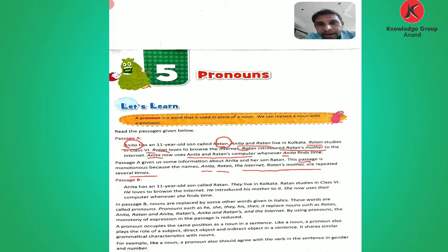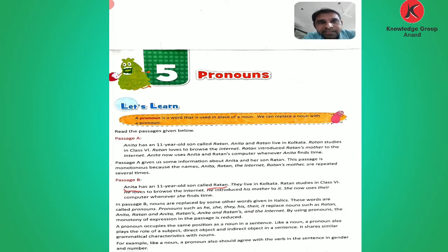See this paragraph. Anita has an 11-year-old son called Ratan. The first line is the same. But whenever we use these two names together, we use "they". See, the first paragraph is different from the second paragraph. Here we use Anita and Ratan.